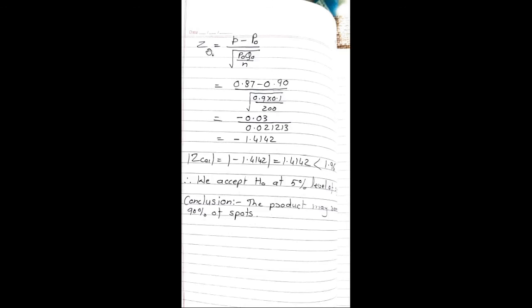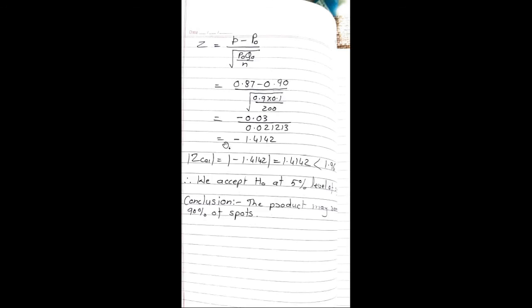So the test statistic Z can be written as (P minus P naught) upon square root of (P naught Q naught upon N), which is equal to (0.87 minus 0.90) divided by square root of (0.9 into 0.1 upon 200), which is equal to minus 0.03 divided by 0.021213.